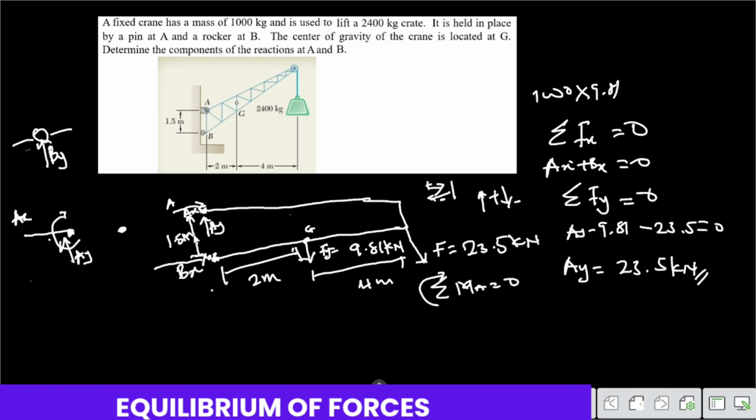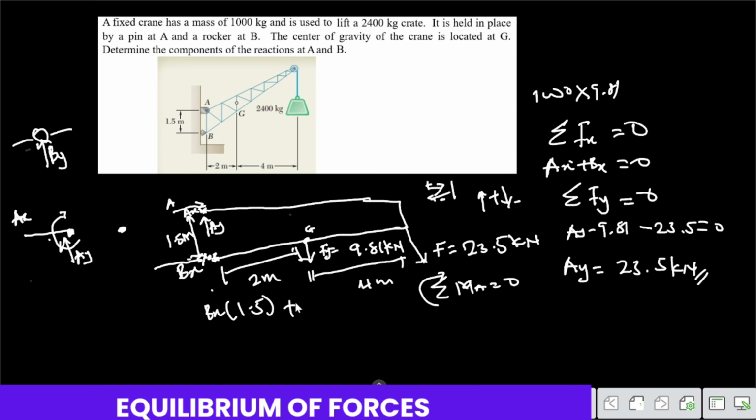Now we have Bx producing a moment. The force is here and the perpendicular distance is 1.5. So Bx times 1.5. And then this one is also producing a moment, plus 9.81.